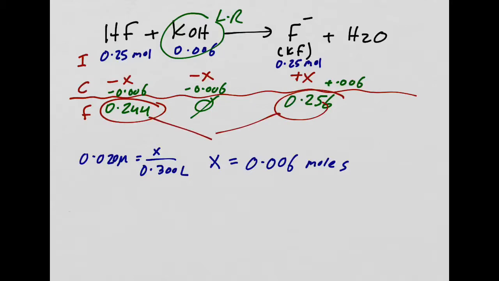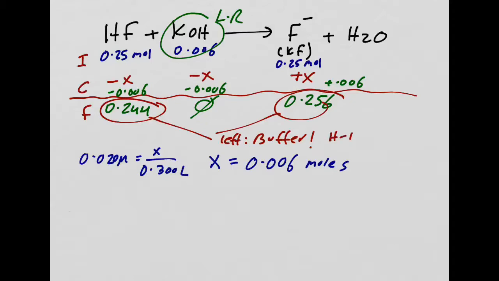What is left at the end is a buffer solution, isn't it? I'm going to have a weak acid and a conjugate base, so I end up with a buffer solution.